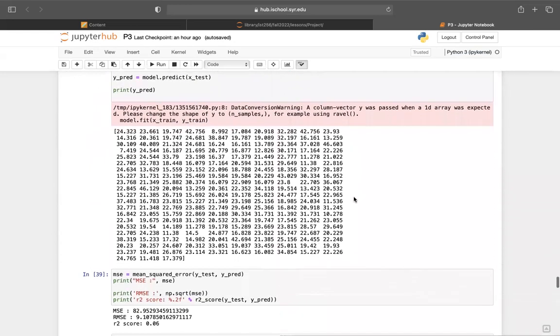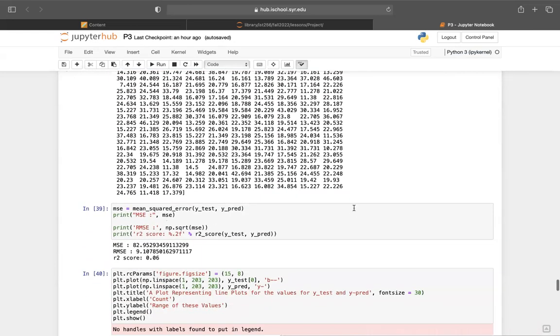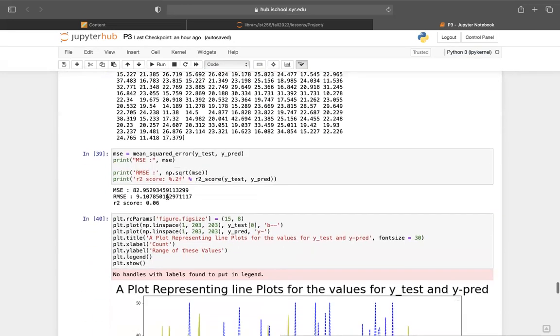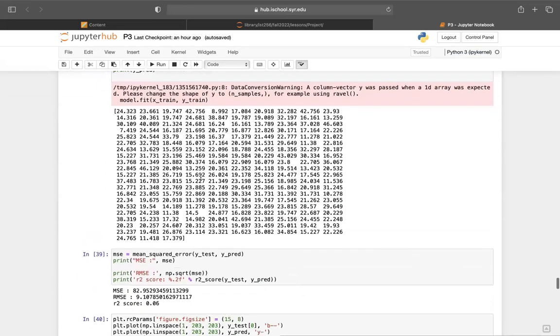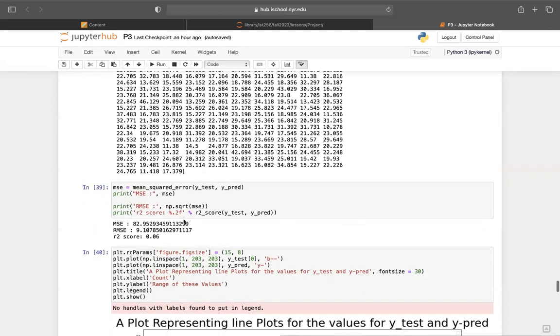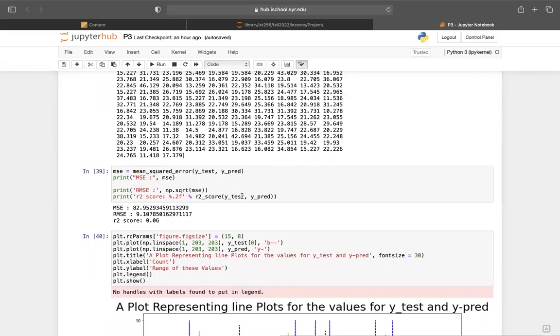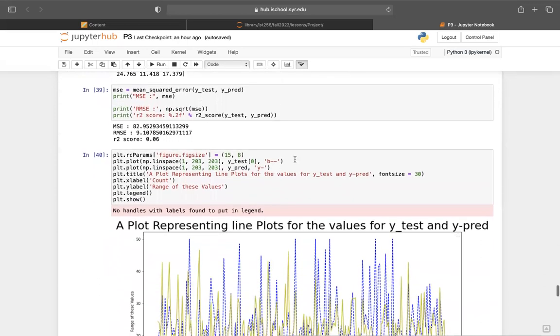There are also some other ways, like the random forest regression, and we get 0.06. It is also really far from our right answer.